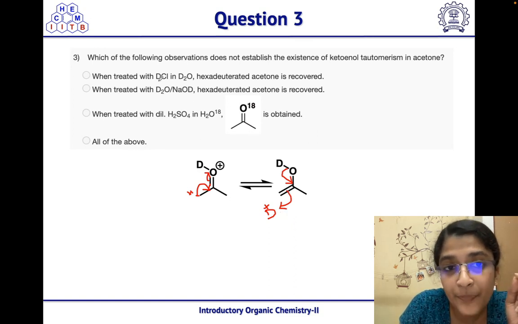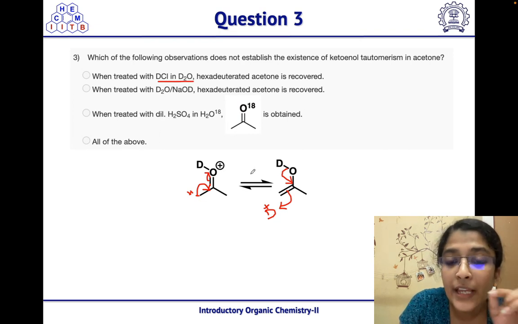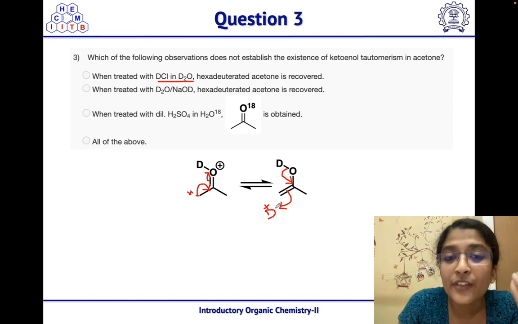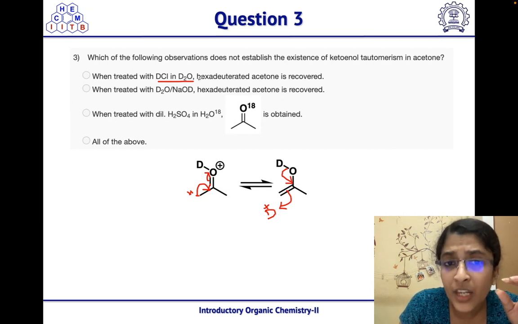But in this system, it is DCl in D2O. So there will be no proton. Instead of proton, it will abstract D plus, that is deuterium plus. If this repeats multiple times, there will be hexadeuterated acetone formation.